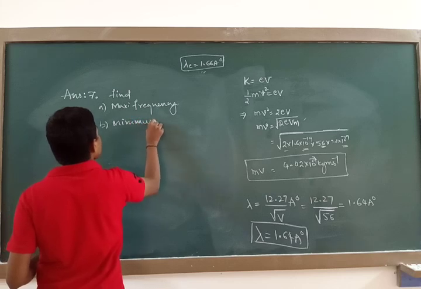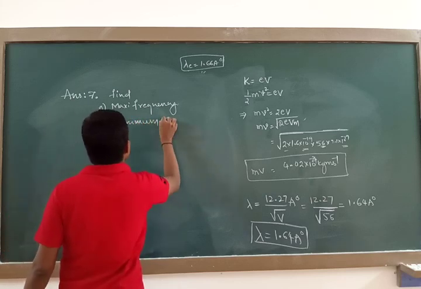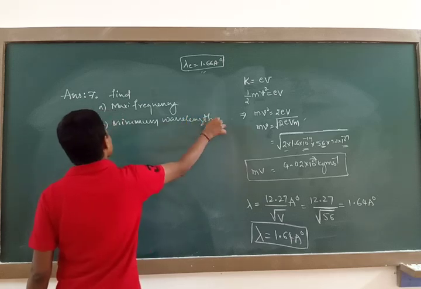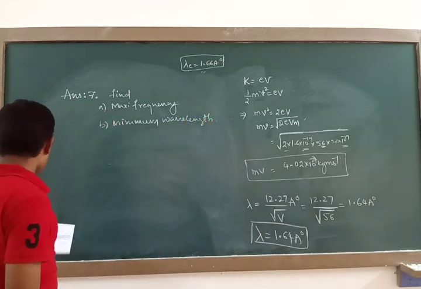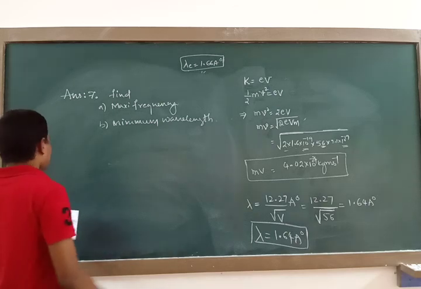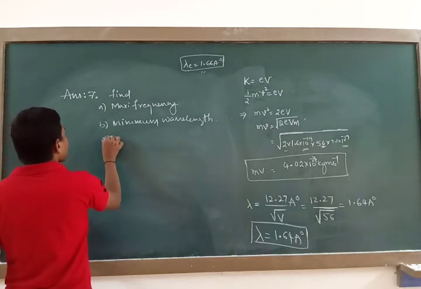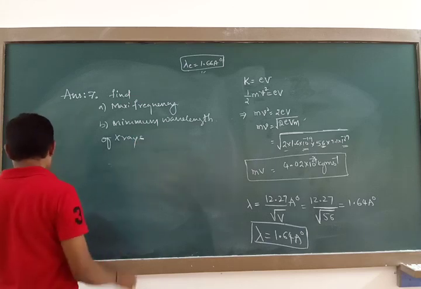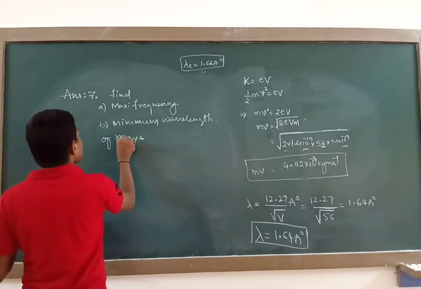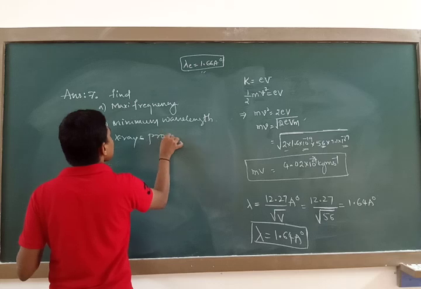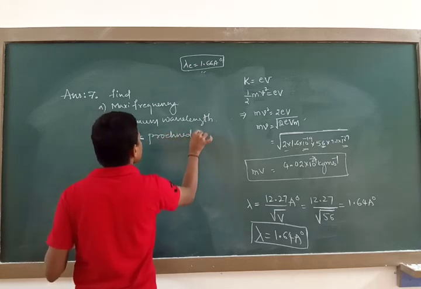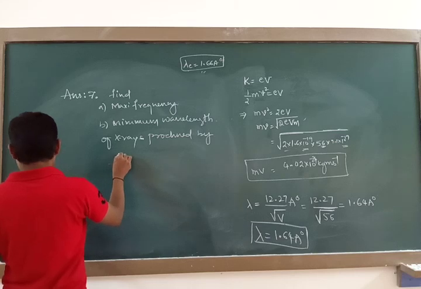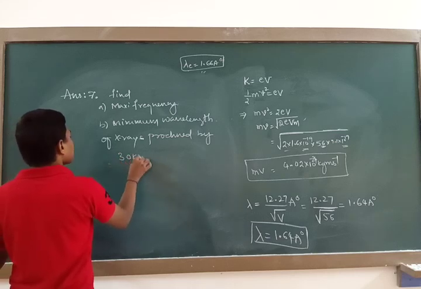Obviously, when frequency is maximum, wavelength is minimum. Find the maximum frequency and minimum wavelength of what? Of X-rays produced by 30 kilovolt electrons.